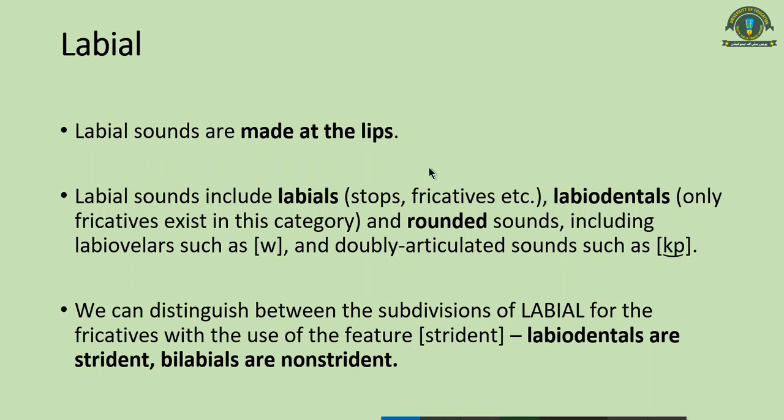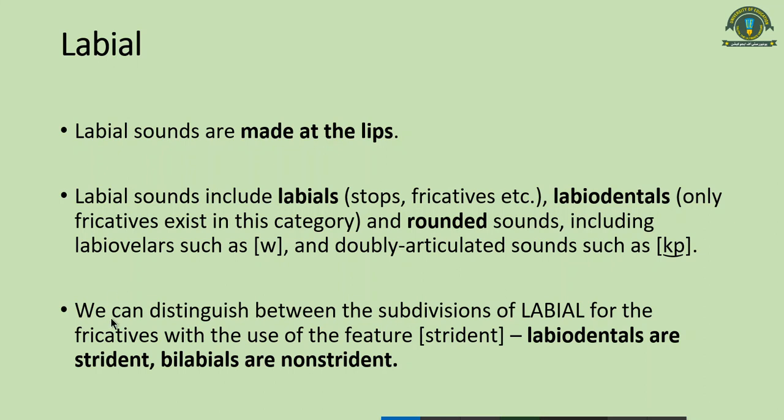So you can see that in labials there can be stops and fricatives, and there can be labiodental fricatives as well, and there can be some rounded sounds like rounded vowels which can also be categorized in the labials.